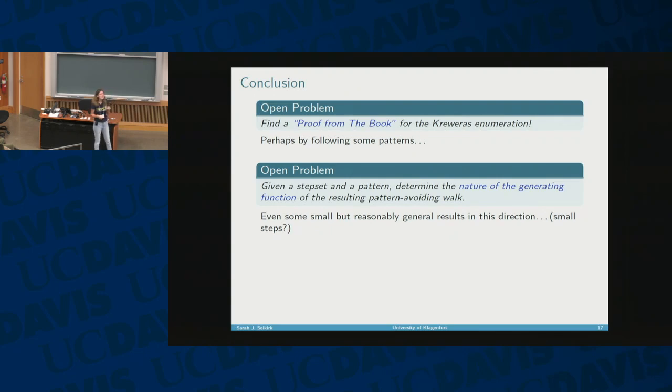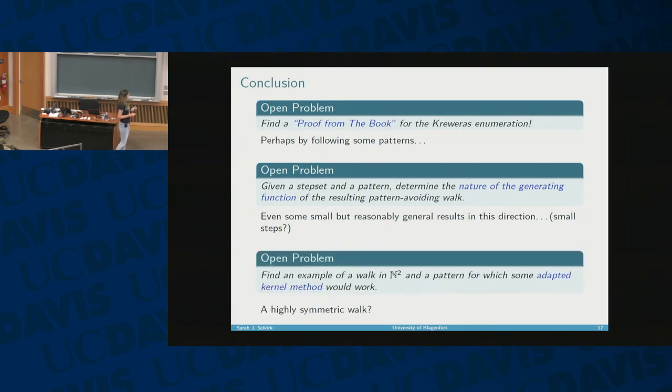Then there's the thing that I mentioned about the nature of the generating functions. Even for a reasonably general case, if you can somehow say that we have a walk in the quarter plane whose generating function is algebraic and satisfies certain properties, then if we avoid a certain type of pattern, it will give us this type of generating function. Some results in this direction would be fantastic to get things going, although I imagine they could be incredibly hard.